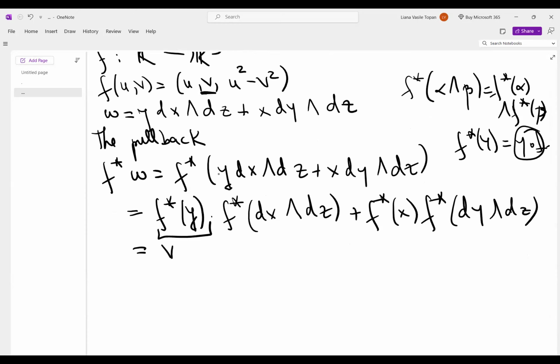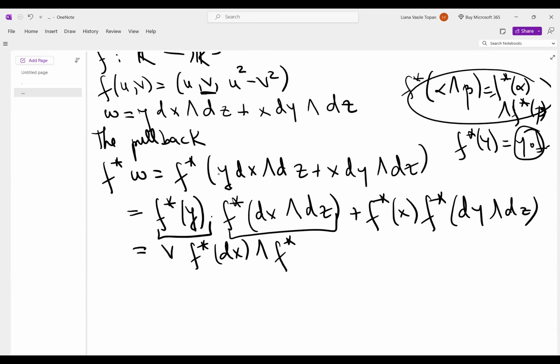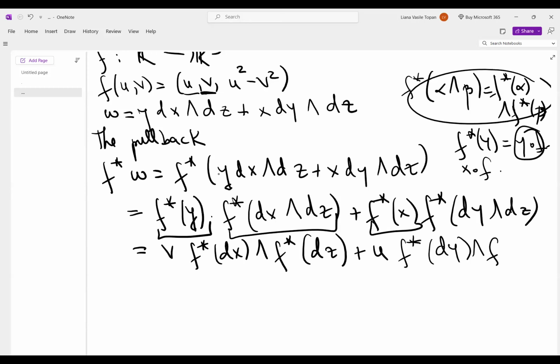This is f star of dx wedge f star of dz, plus x of f, which is u, times f star dy wedge f star of dz.